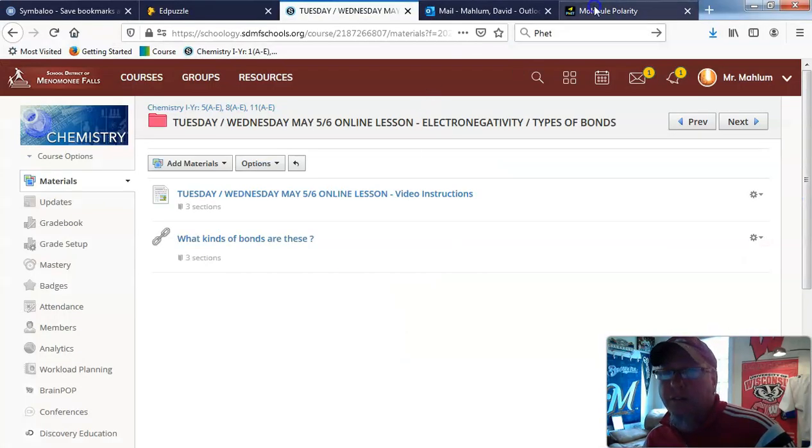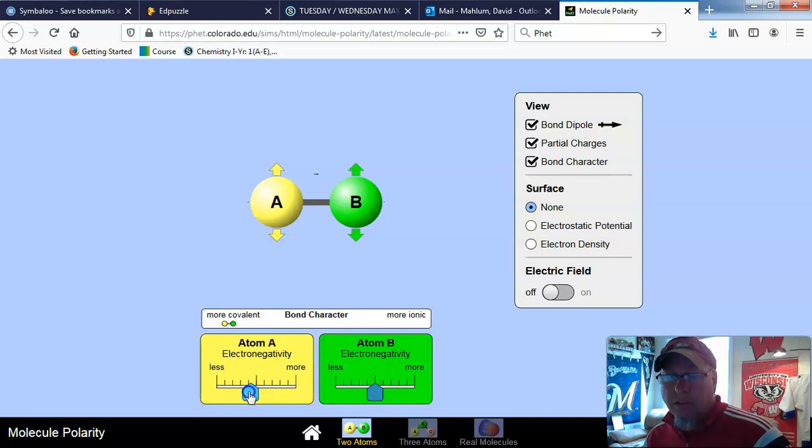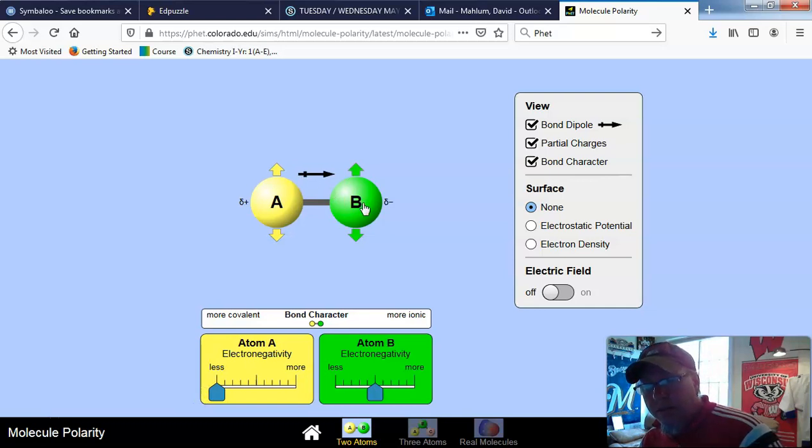I've got a PhET simulation here, which also does the same thing. If you look right now, here's two atoms, and they both have the same electronegativity. And as soon as there's a difference in electronegativity, you can see this thing creeping in here. That's what's called the bond dipole. It's going to show you which way the electrons are moving, and they're moving this way, because this one is more electronegative than this one.